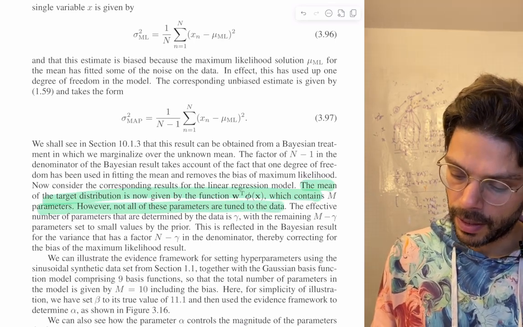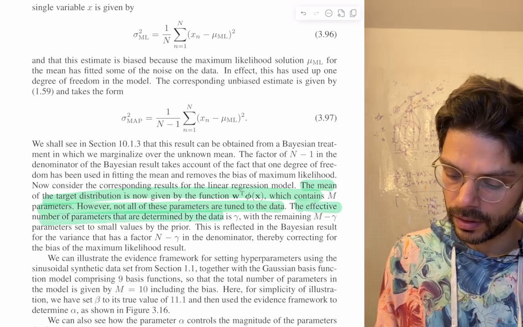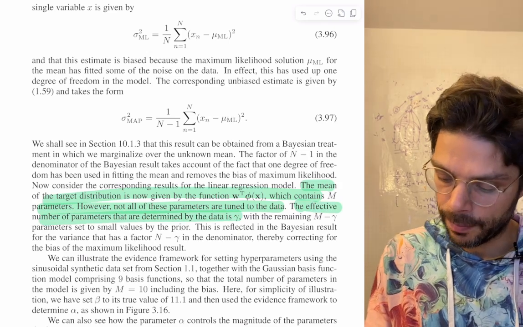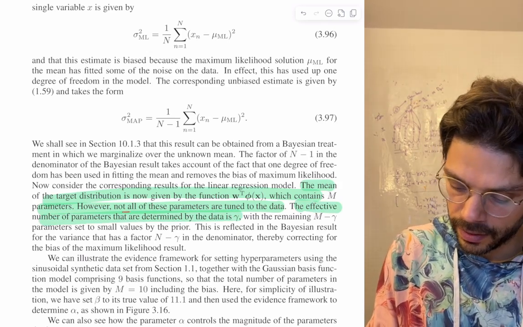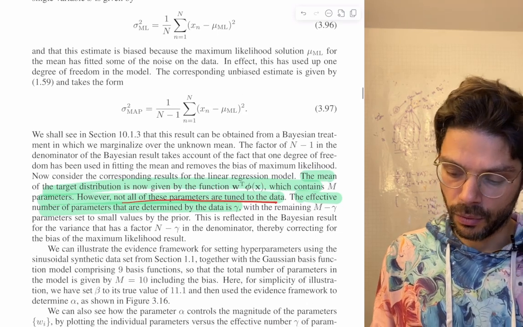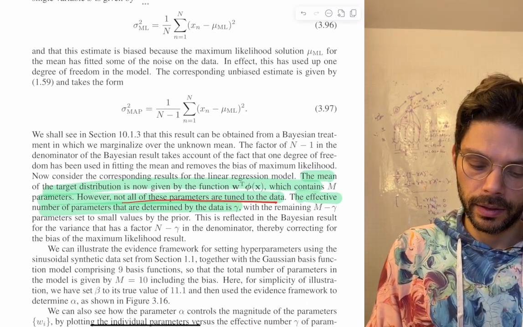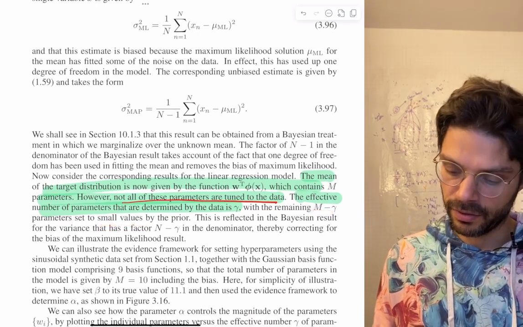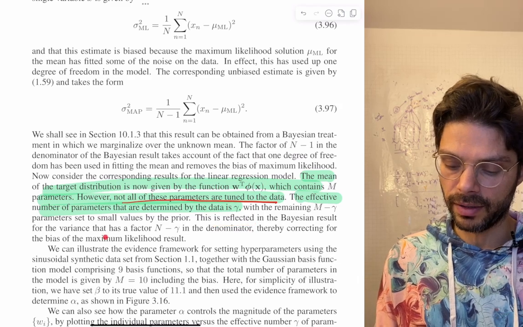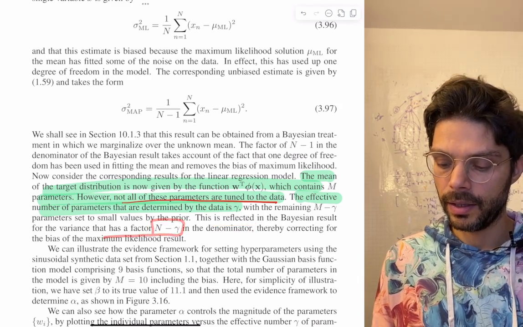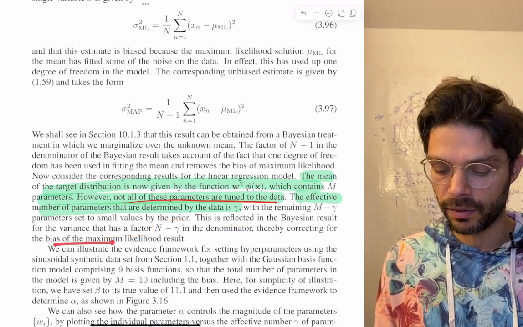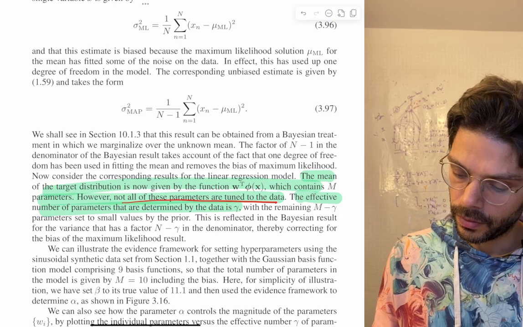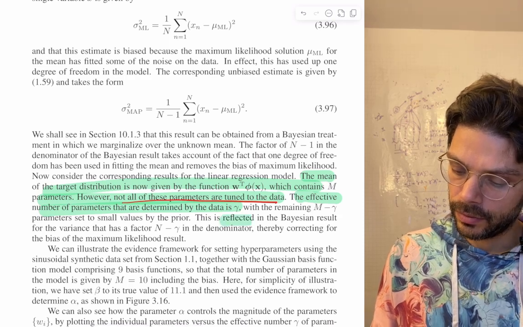The effective number of parameters is determined by gamma, which is between 0 and M, with the remaining M minus gamma parameters set to small values by the prior. This is reflected in the Bayesian result for the variance, which has a factor N minus gamma in the denominator, thereby correcting for the bias of the maximum likelihood result.